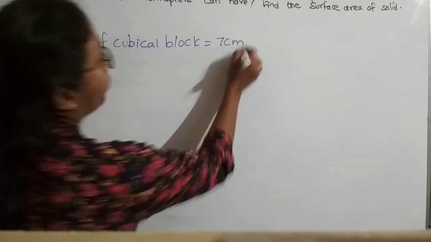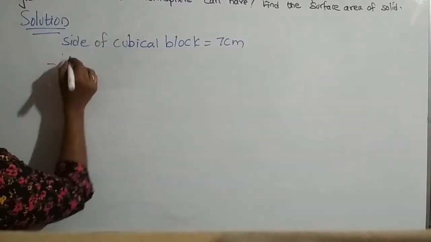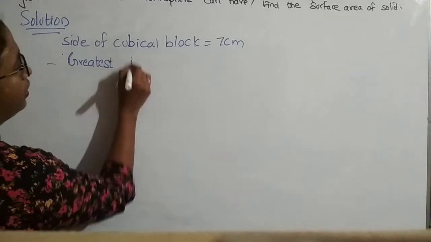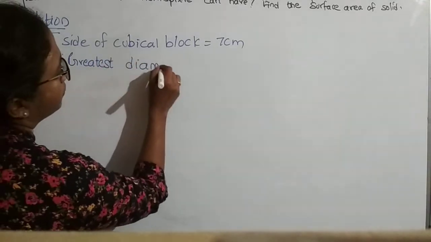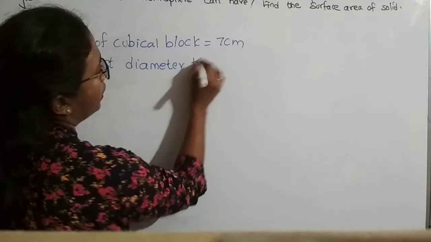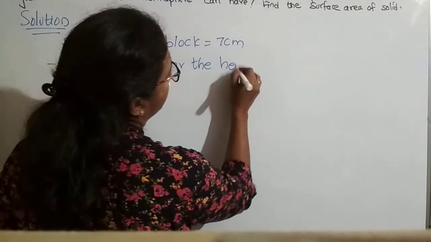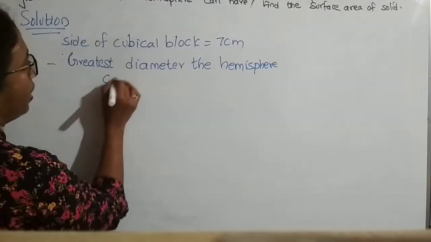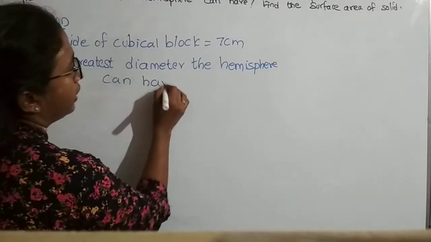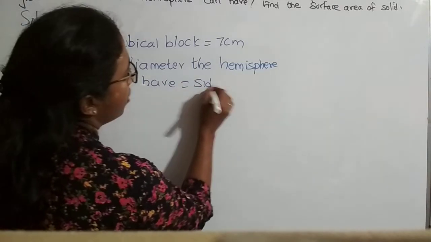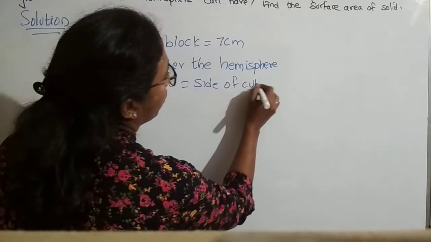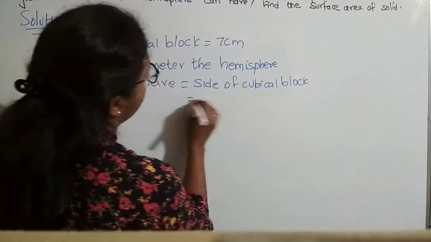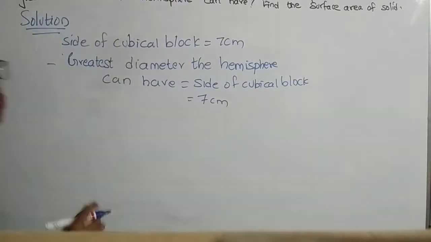Therefore, write the answer that they have asked: the greatest diameter the hemisphere can have, as I showed you right now, is nothing but equal to the side of the cubical block, and that is 7 centimeter. So the first answer is finished.